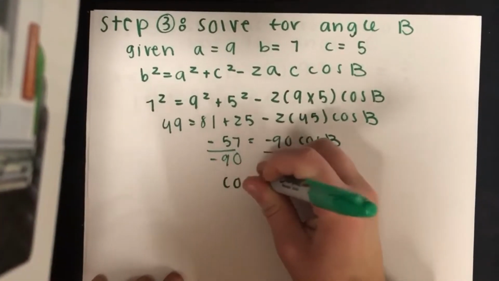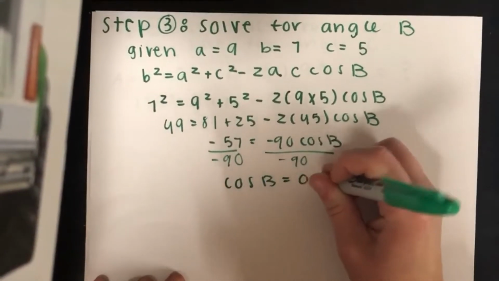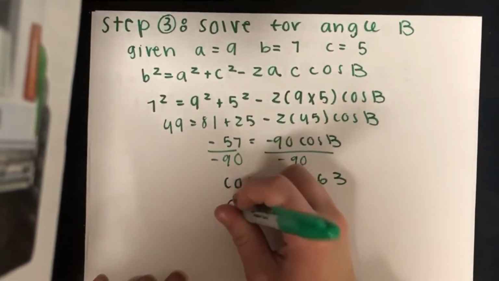And you're going to get the cosine of B is equal to 0.63. Do the inverse of the cosine.